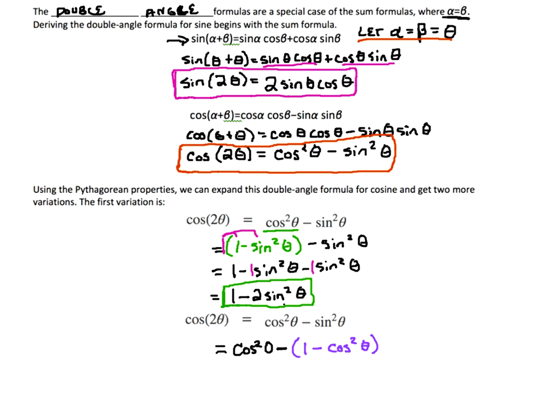Once again, that's just from the Pythagorean identity. I also have that understood negative 1 that needs to get distributed, and I end up with cosine squared theta minus 1 plus cosine squared theta. So here we get 2 cosine squared theta minus 1.